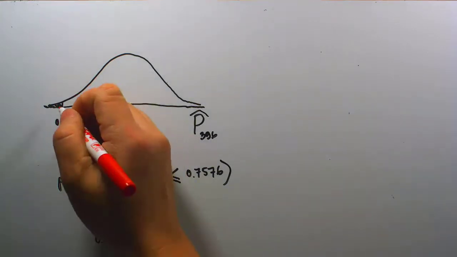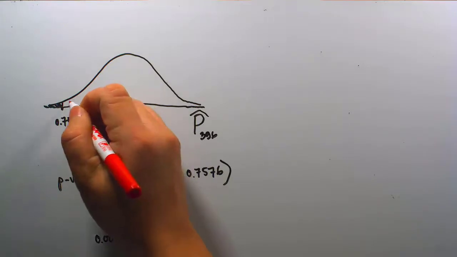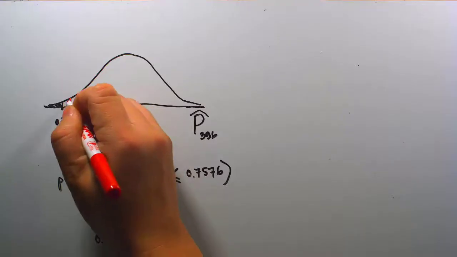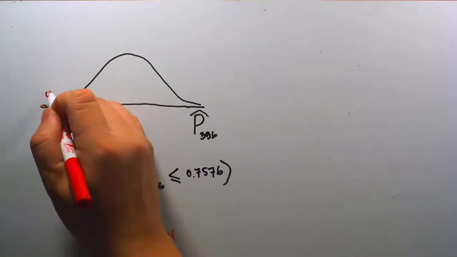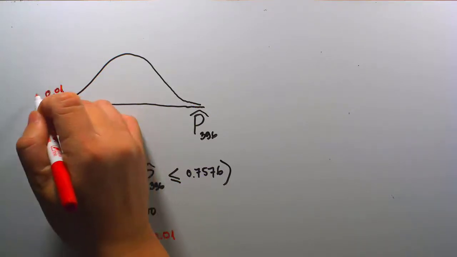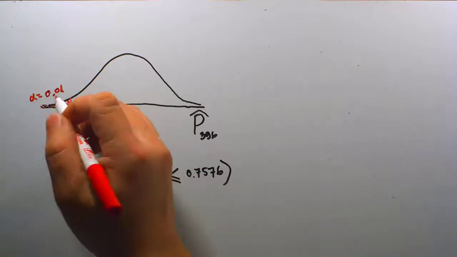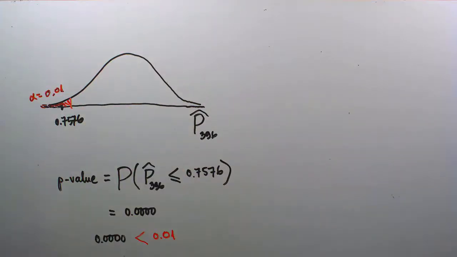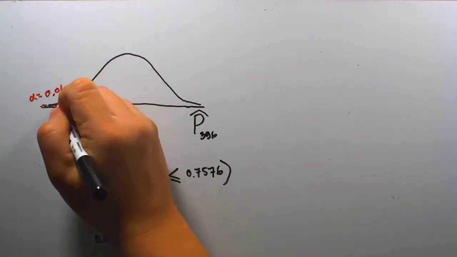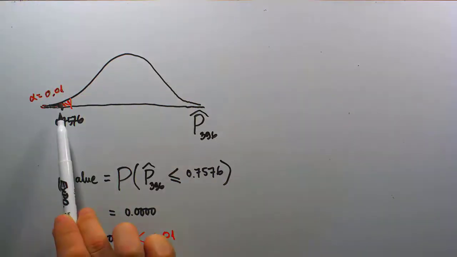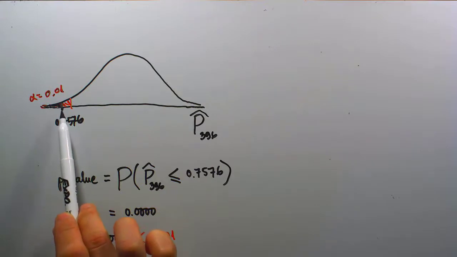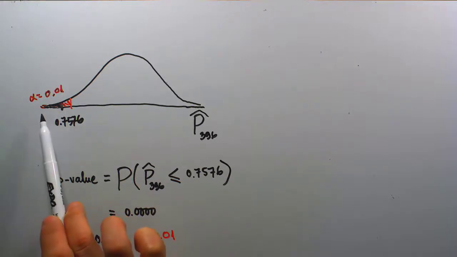That means our black shaded area has to be smaller than the red shaded area. Even though the red shaded area is already only about 1%, our p-value is even smaller than that. Recall that the black shaded area is shaded from where our sample is to the left-hand side.